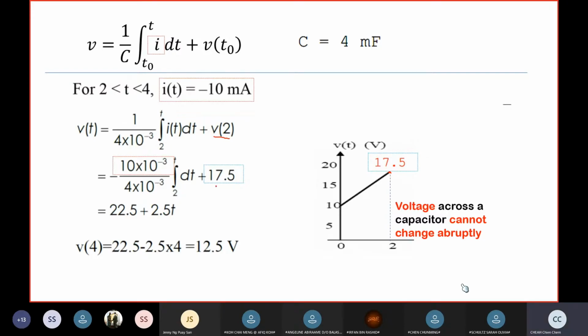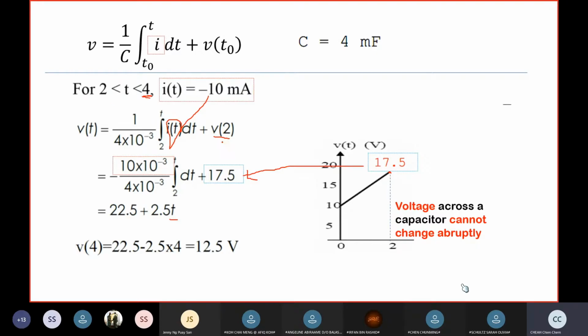Now you can see that integrating this, you can get 2.5t. Well, integrating one with respect to time, you get t. And if you put t equal to 4, because the last time interval is 4. We start from 2, end at 4. So if you put 4 into here, the voltage is equal to 12.5.